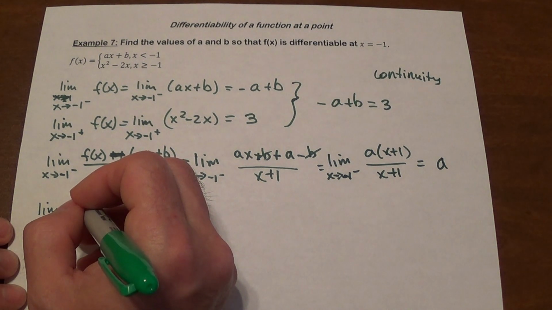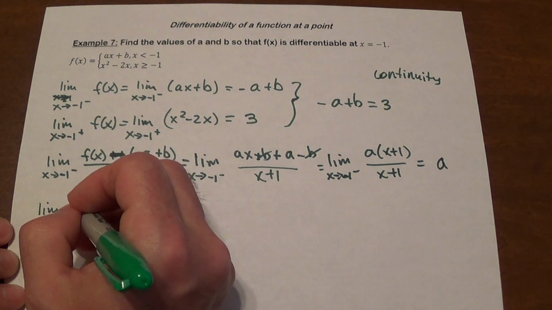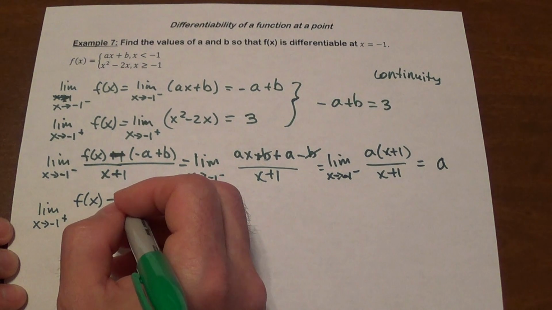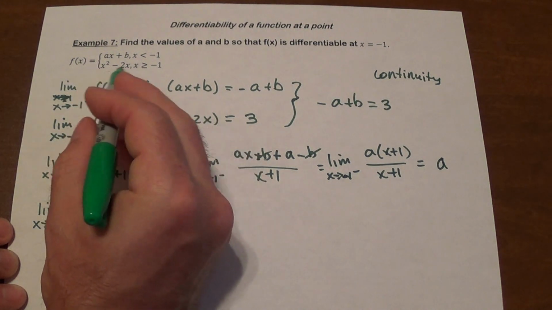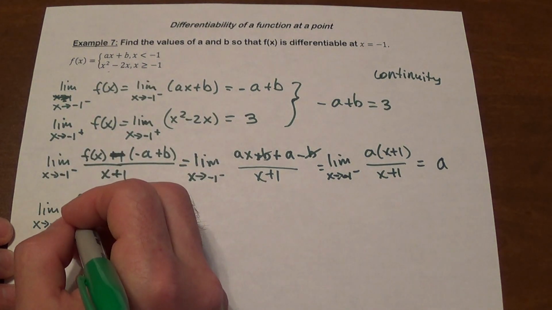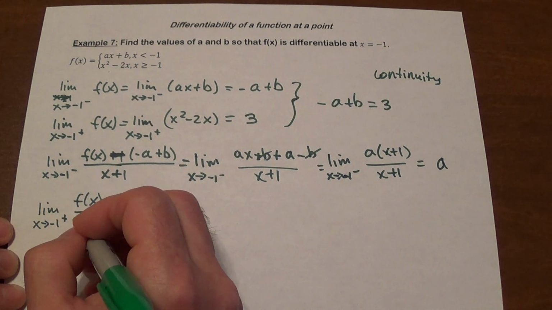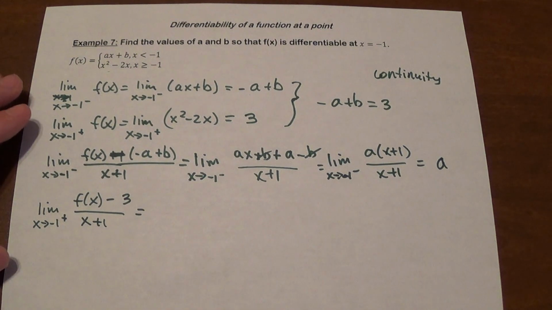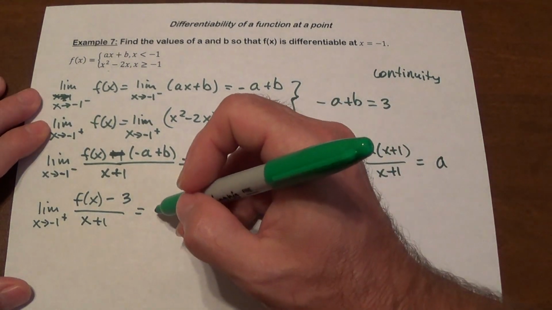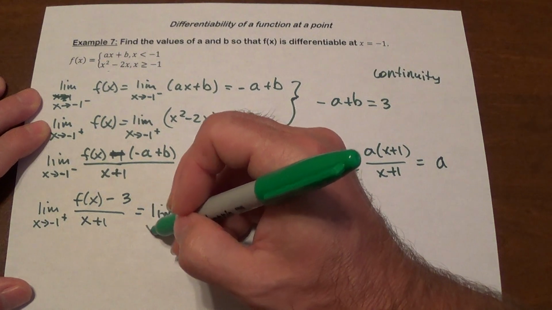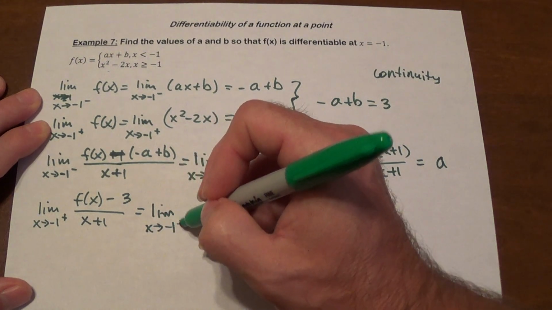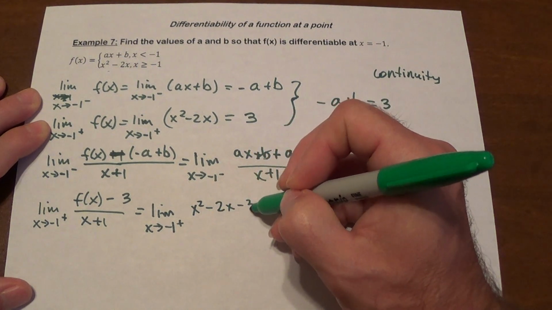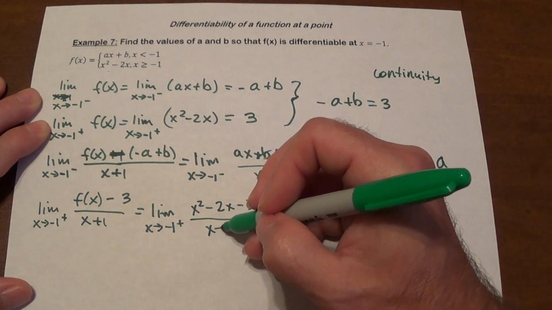it's going to be f of x minus 3, which is what the value of this expression is going to be when you substitute negative 1, over x plus 1. So in this case, f of x is going to be the second expression, right? So we're going to have the limit as x approaches negative 1 from the right of x squared minus 2x minus 3 divided by x plus 1.